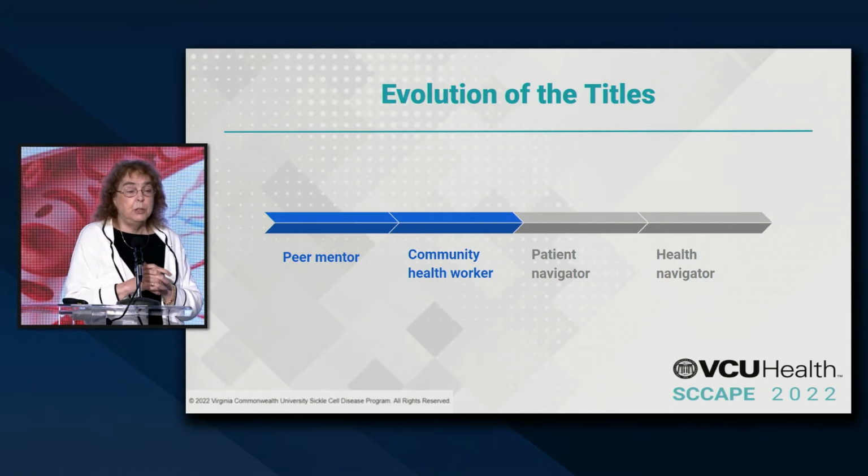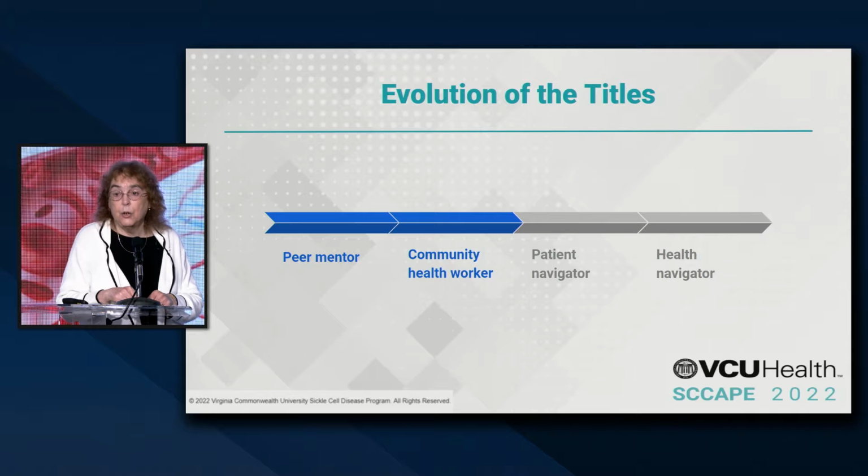And then, as I mentioned yesterday, the title Health Navigator is already very much specific, and that's been driven from the community college system, so that the title Health Navigator is actually the person who goes to a community college, gets an associate degree, and then practices as a health navigator or possibly a health educator.